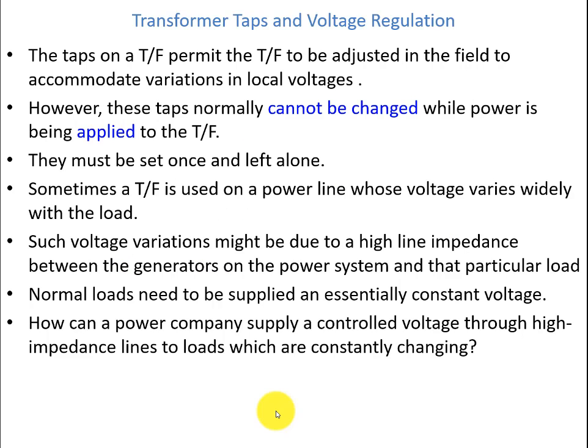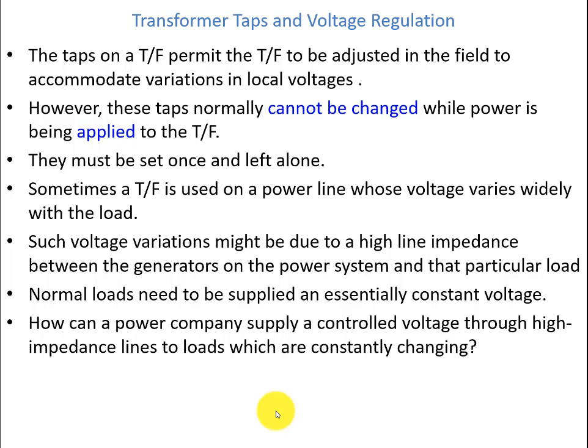So the taps permit the transformer to be adjusted in the field to accommodate variations in local voltages. However, these taps normally cannot be changed while power is being supplied to the transformer. So they must be set once and left alone.